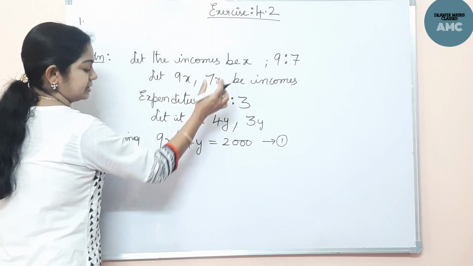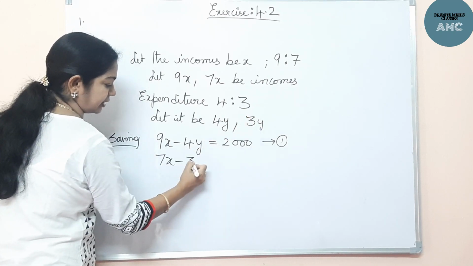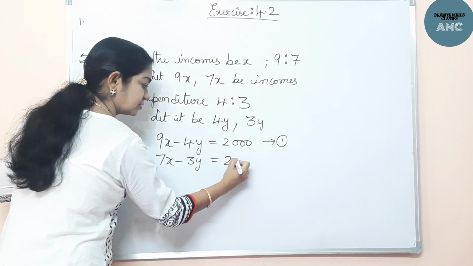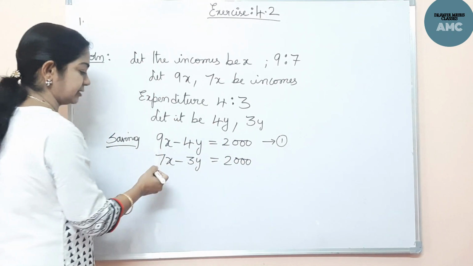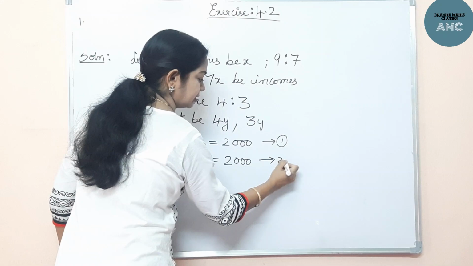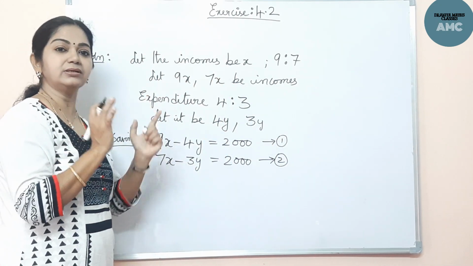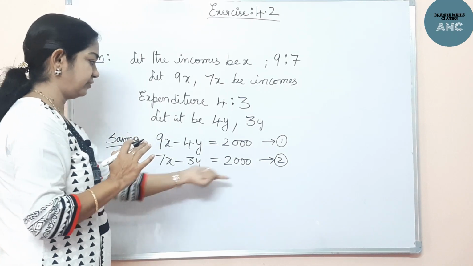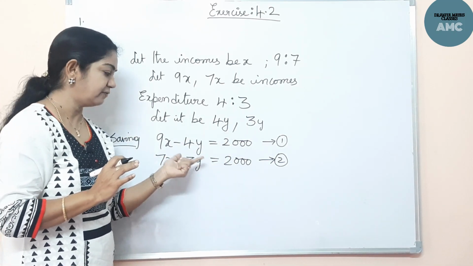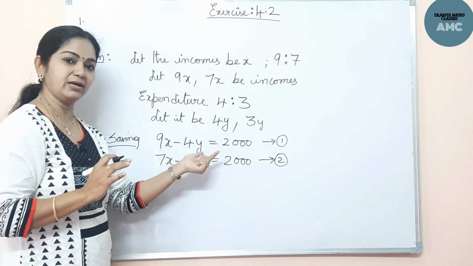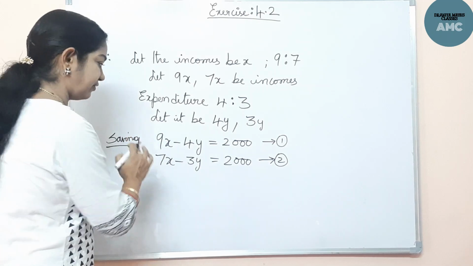Now the second person's income is 7x and his expenditure is 3y. He is also saving 2000. Both of them are saving 2000 per month. So this is the second equation. So the first part of the question, to form a pair of equations, is done. Now we solve for x and y, as they ask for the monthly income.